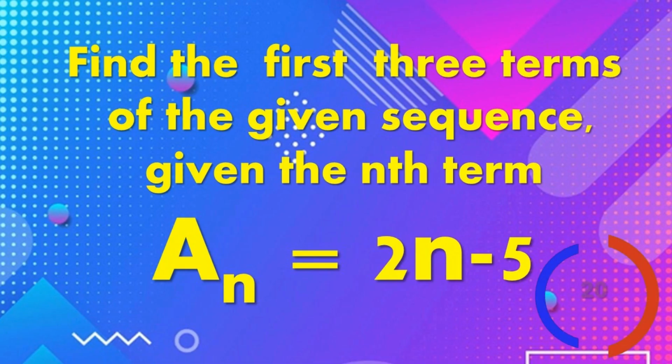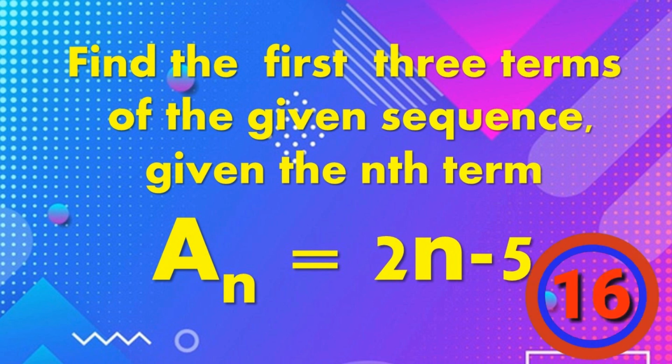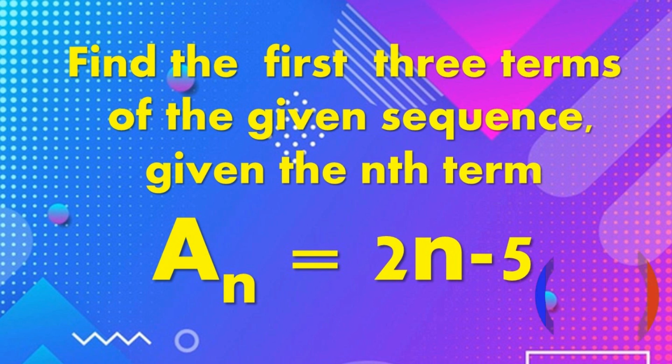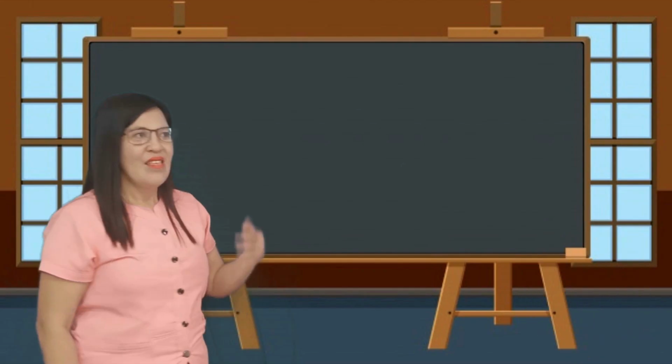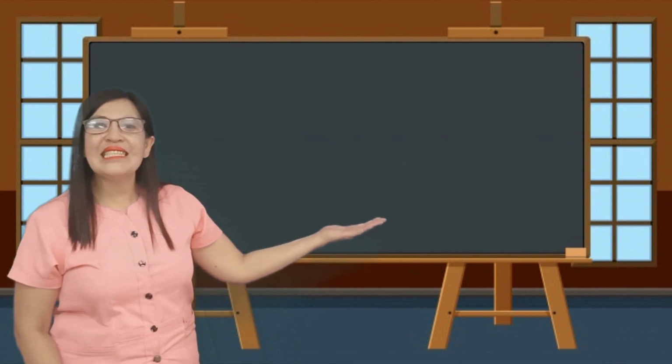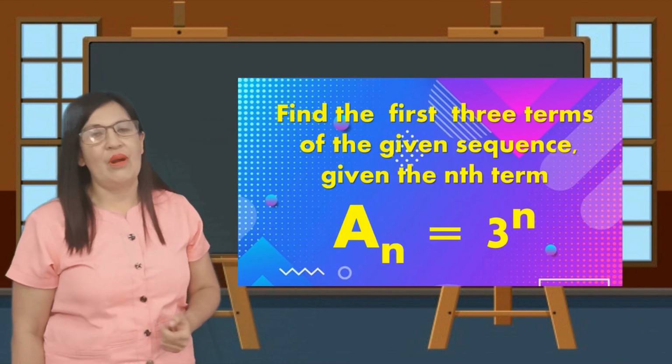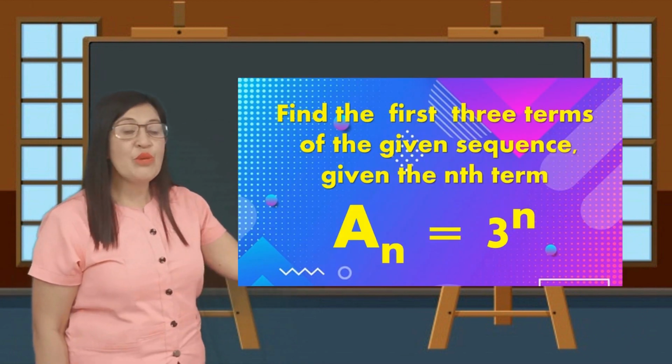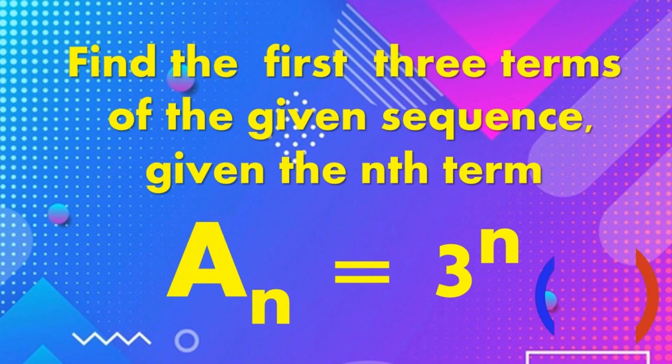This will be answered for 20 seconds. Third number. A sub n equals 3 to the power of n. This will be answered for 20 seconds.